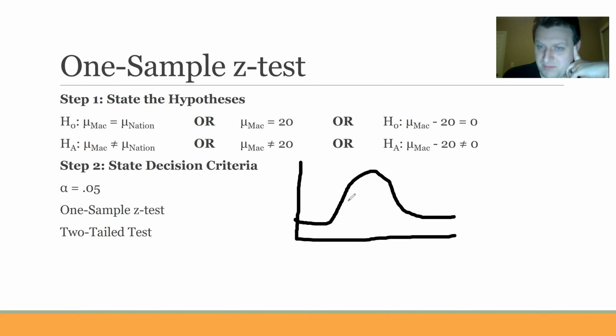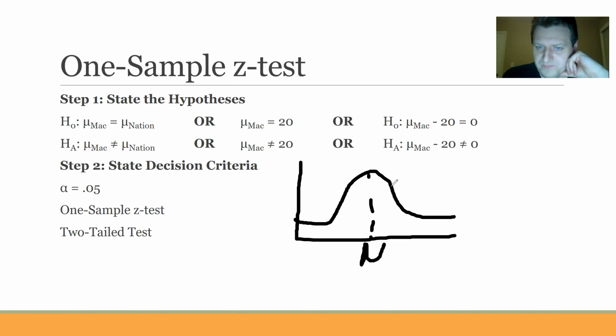We know what the mean is going to be, because the mean is equal to the population mean for the sampling distribution. If our number of subjects is 30 or greater, we know that the shape is going to be normal.